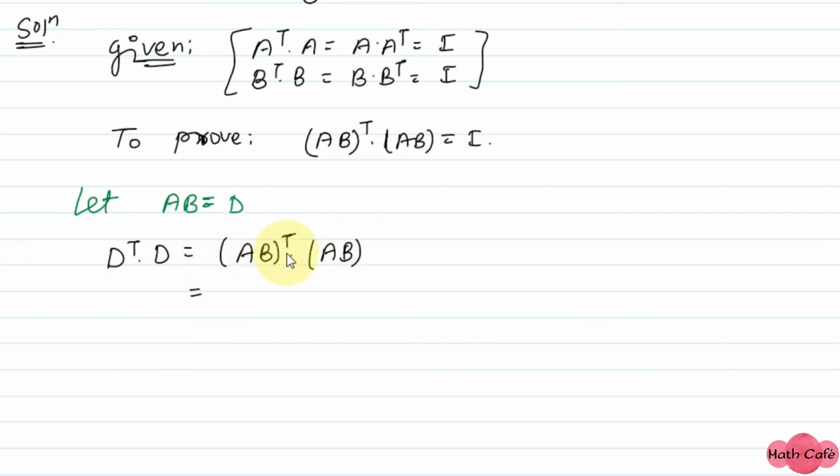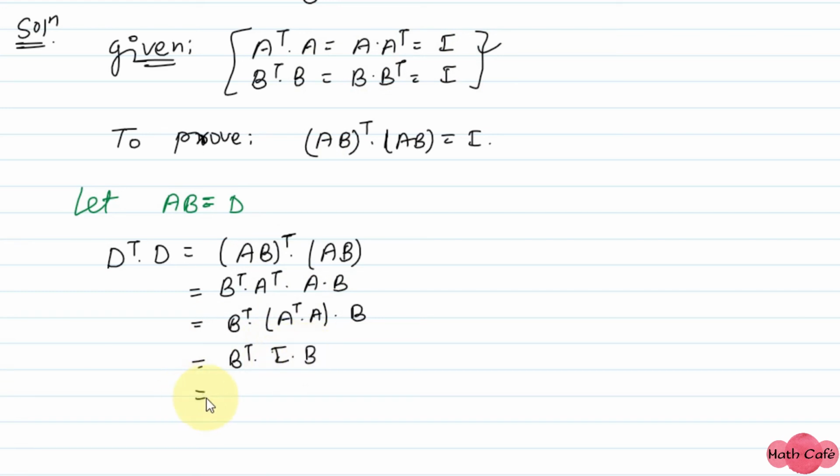We already know that (AB) transpose is B transpose multiplied by A transpose, and AB is as it is. So B transpose is as it is, and I'm combining these two terms like this. A transpose multiplied by A is I, that is given to us in the question. So B transpose multiplied by I multiplied by B. If any matrix is multiplied by the identity matrix, then the resultant value will be itself.